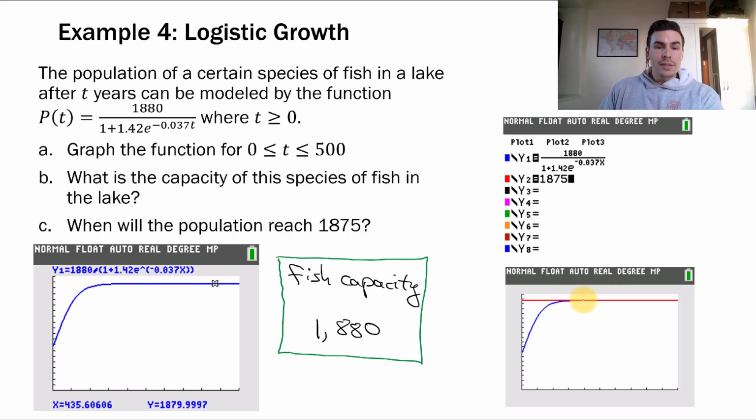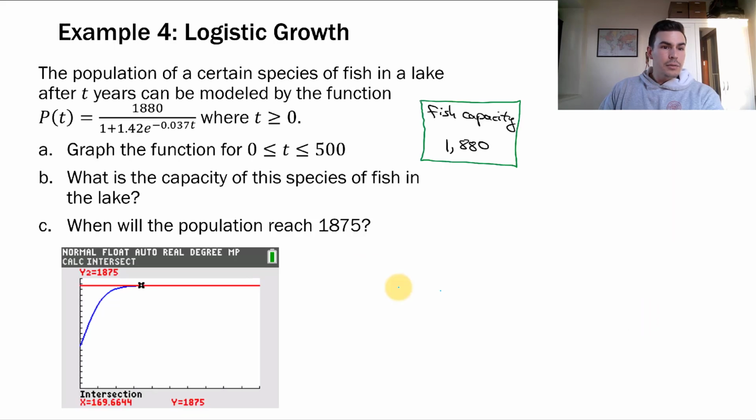I know it looks like it's eventually becoming the same line, but it's really not. So I hit calculate intersection. It'll ask you for curve 1, you hit yes, curve 2, you hit yes, you hit guess, and then it'll give you your intersection point.